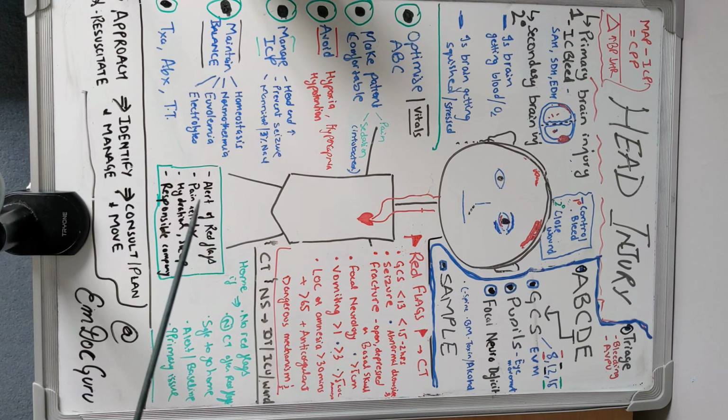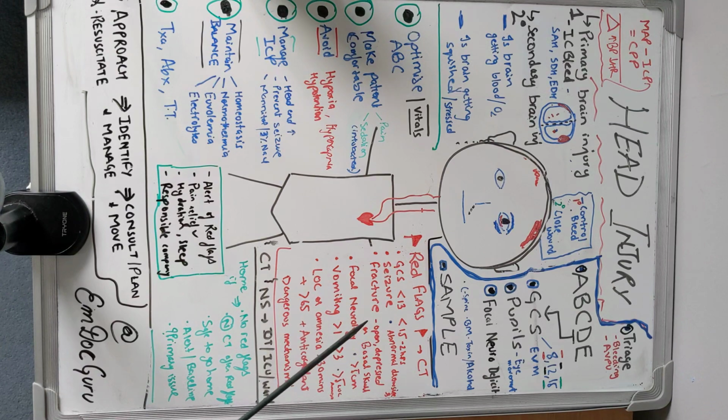While you are stabilizing, you have got a CT scan. Once your patient is stabilized and you've done a CT scan, now you're thinking whether you should consider a neurosurgeon or not.